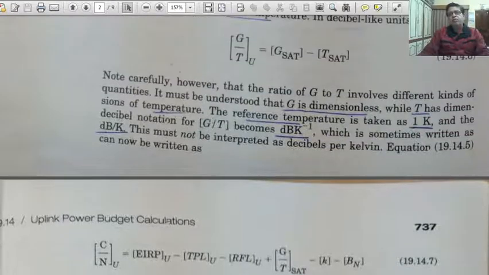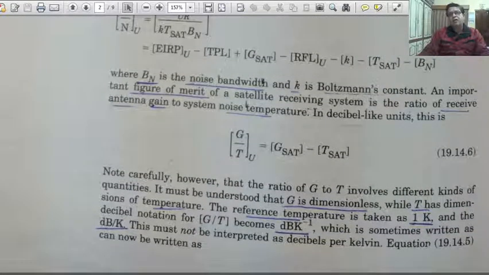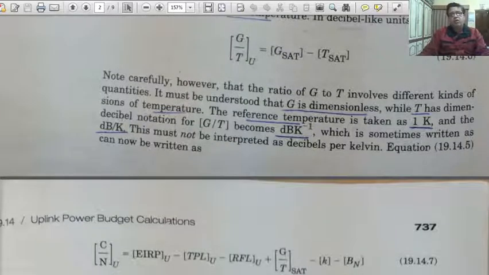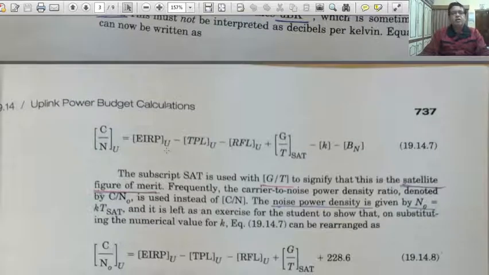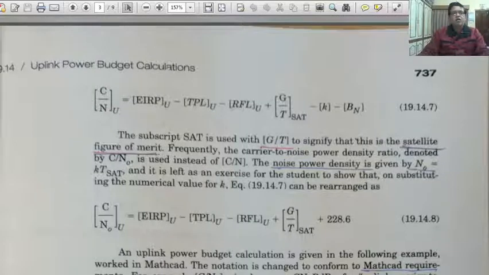Now, equation 5 can now be written as C upon NU equal to EIRPU minus TPLU minus RFLU plus G upon T SAT minus k minus BN.